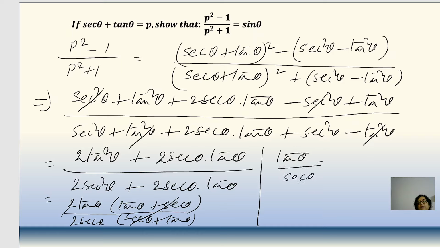So if you simplify, put them in the form of sine and cos, you will be left with sine theta, which is the right hand side. You can even proceed from here: sec theta plus tan theta is equal to p. You can take the identity sec square theta minus tan square theta and proceed from there. That is also one option over here.